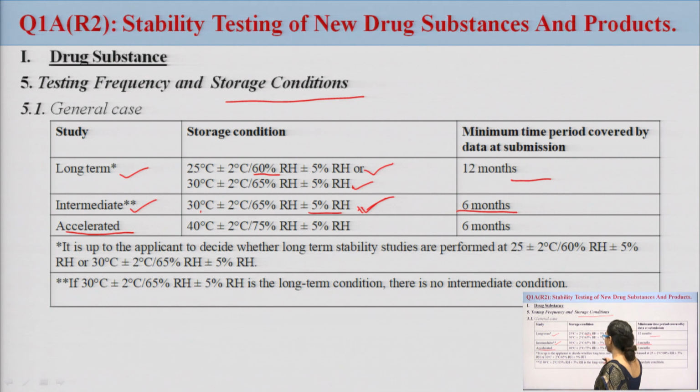So, accelerated study is generally performed on these conditions. Here we will select 40 degrees Celsius temperature, again 2 degrees Celsius variation is allowed, and 75% RH, here 5% variation is allowed. This study is generally conducted for 6 months.